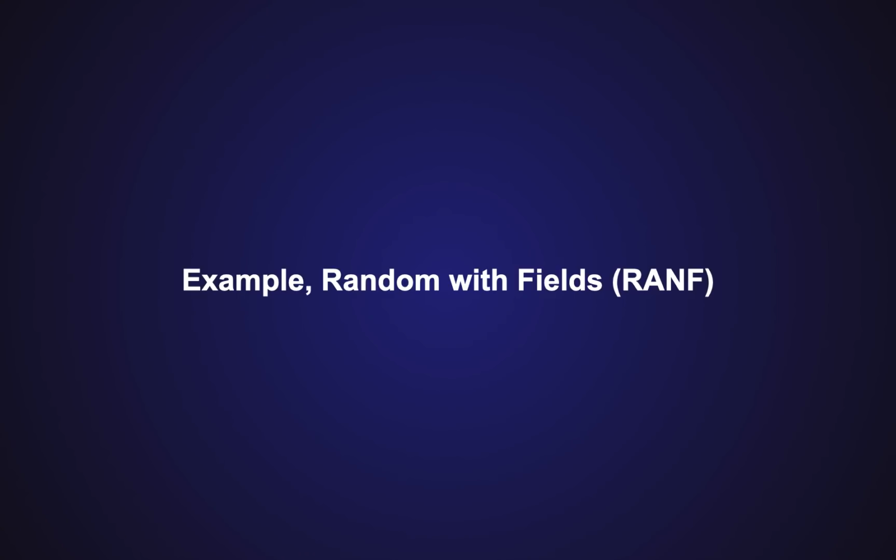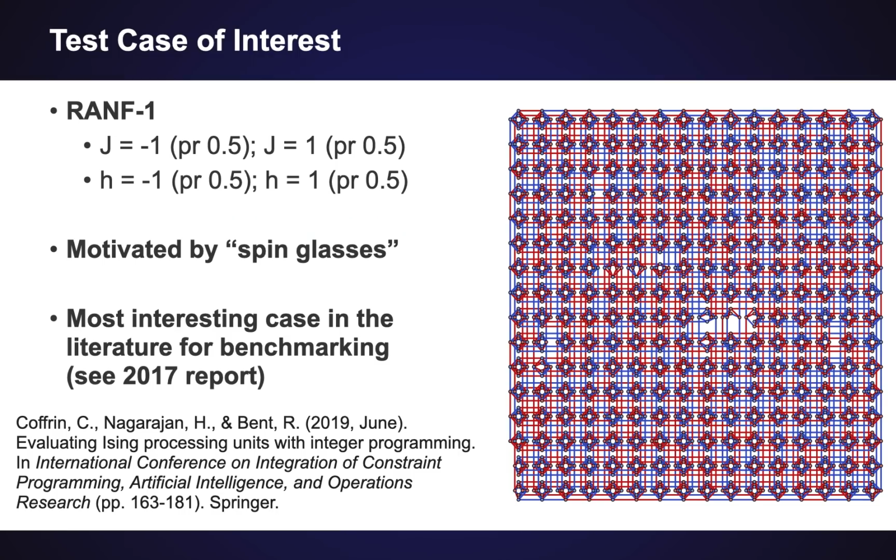Now I'm going to motivate these particular metrics using a classical example, which is kind of a randomizing model with random fields. So let's consider this problem where we set the quadratic terms j to -1 and 1 with 50% probability, and we set the local field h to -1 and 1 with 50% probability each.